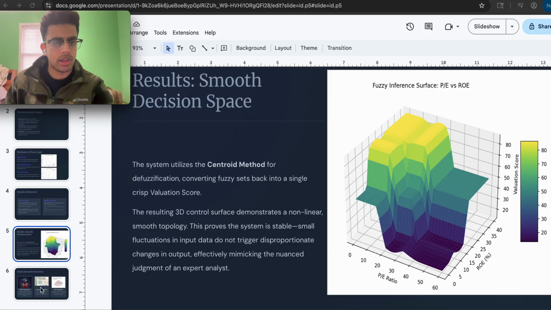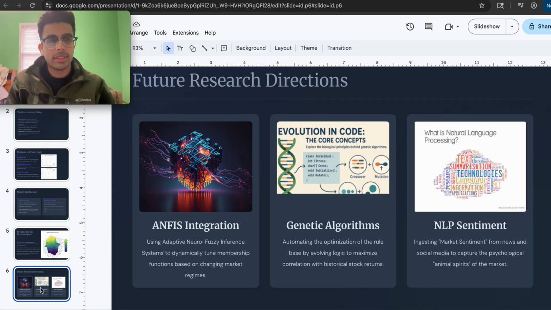And now I want to talk about what the future is of this project. Like I really got into it with the Python, and I realized there's a lot of things we can do here. We can take an NLP approach where you take PDE, you take ROE, but you also look at what people are saying on Twitter about the stock of interest.